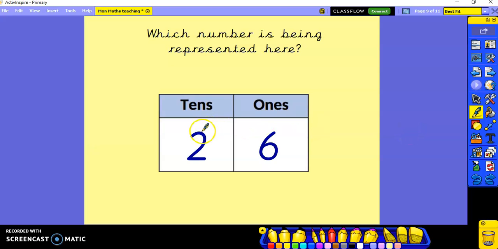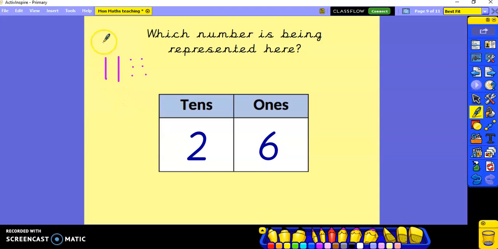Oh, this time we've got our tens and ones place value grid. I've got a number that's got 2 tens and 6 ones. So I'm going to pause it there while you tell me the number, draw it and write it as a partitioning number sentence. So we do have the number with 2 tens and 1, 2, 3, 4, 5, 6 ones.